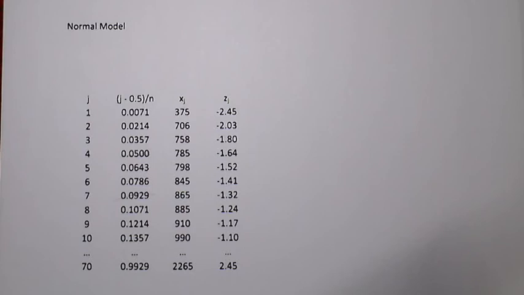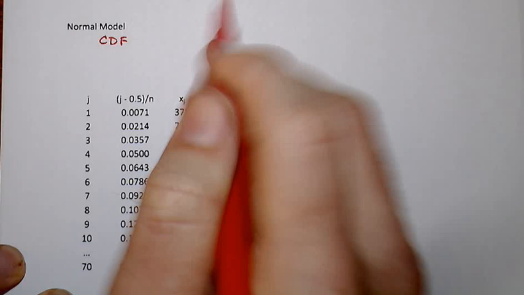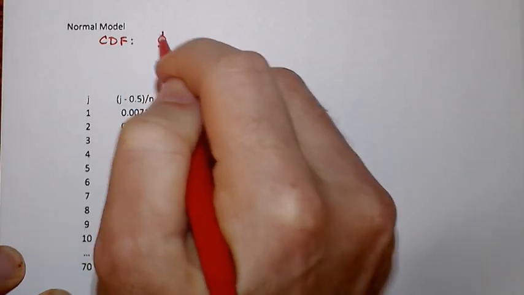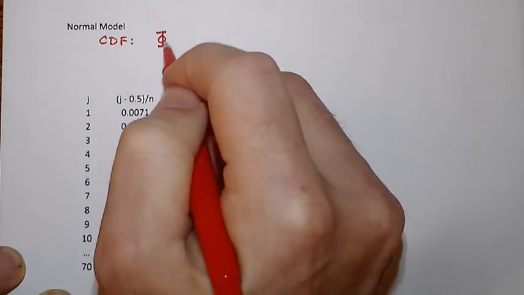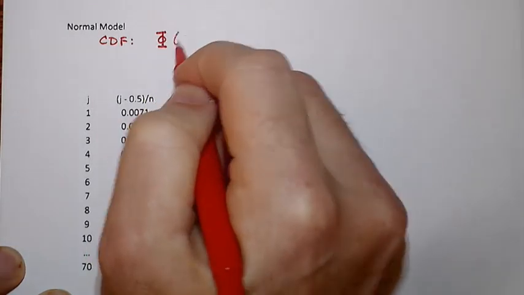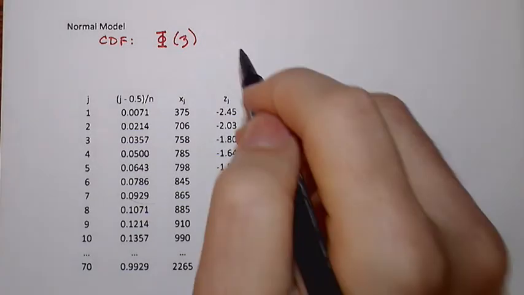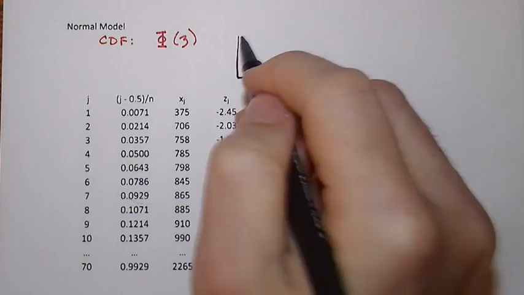And remember that our CDF for the normal model, well, we don't actually have a closed form answer. It's been numerically evaluated, and it's this capital phi in terms of the standard normal variate z. And so what happens there is that you can do one of two things.